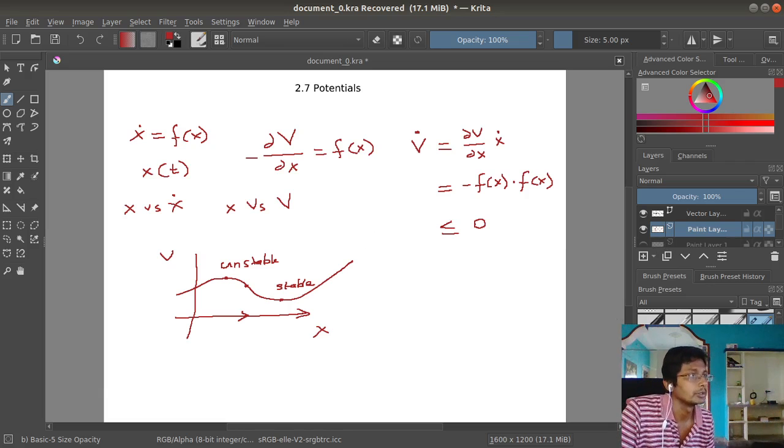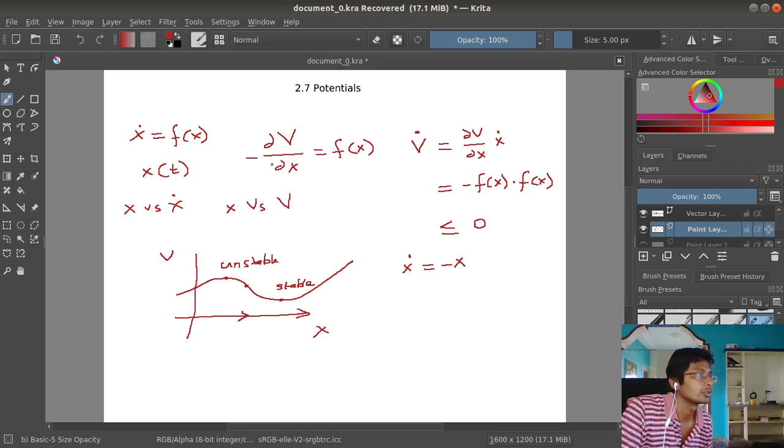Let me take the example from the book, which is this: x dot is equal to minus x. For this case, what is my v?